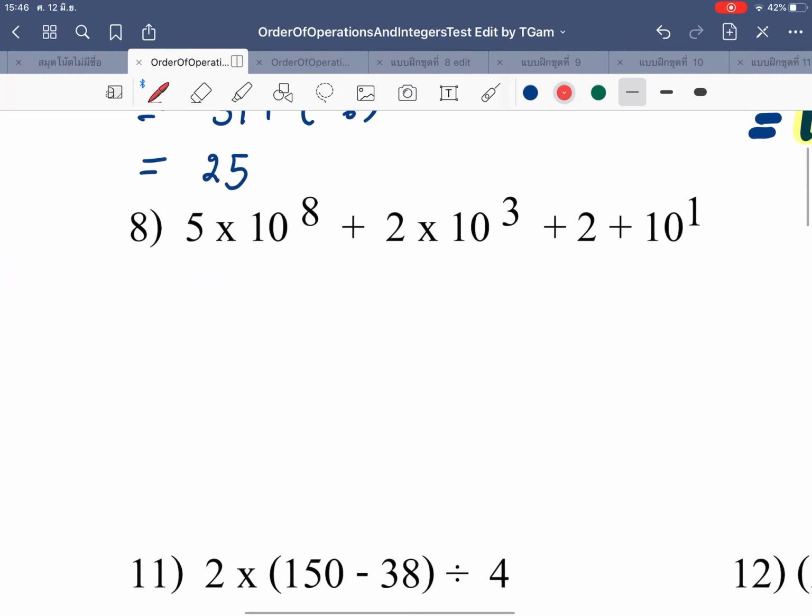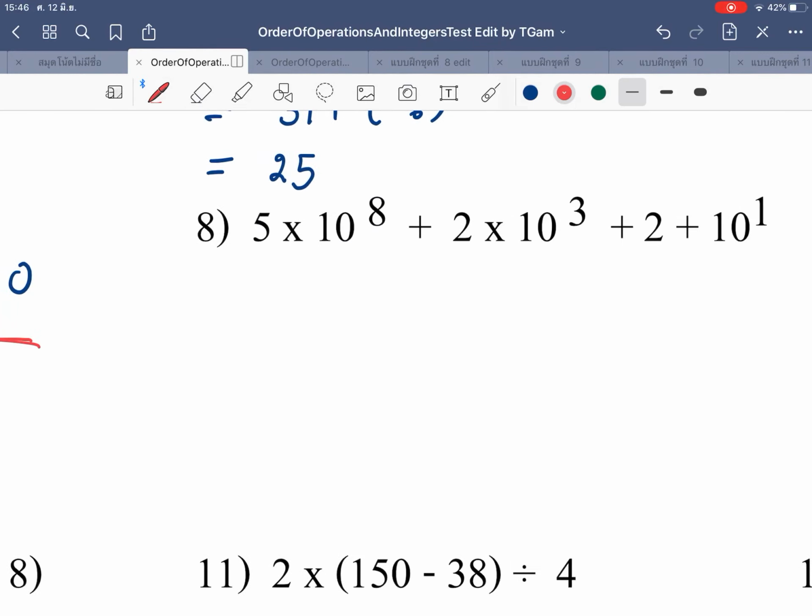Number 8. For number 8, you have multiplication, addition, multiplication, addition, addition. So where do you have to start? You need to start from the multiplications. So this is going to be 5 followed by 8 zeros. 1, 2, 3, 4, 5, 6, 7, 8, that is 500 million.